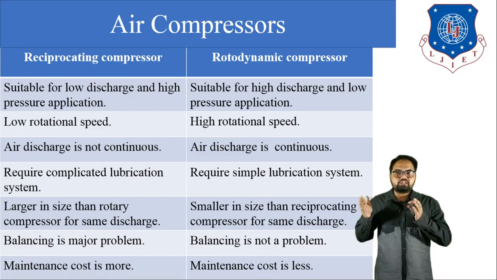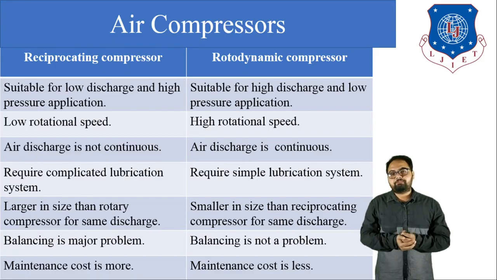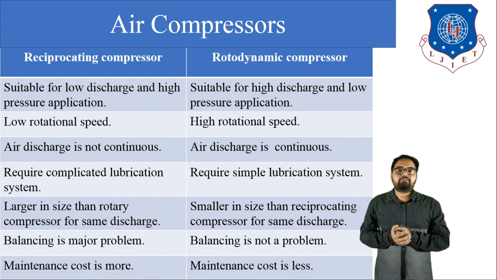The rotation speed of the reciprocating air compressor is very low, but the rotational speed or RPM of the rotodynamic compressors is high. The air discharge we get in case of reciprocating compressor is not continuous, but in rotodynamic compressor we get continuous air discharge.